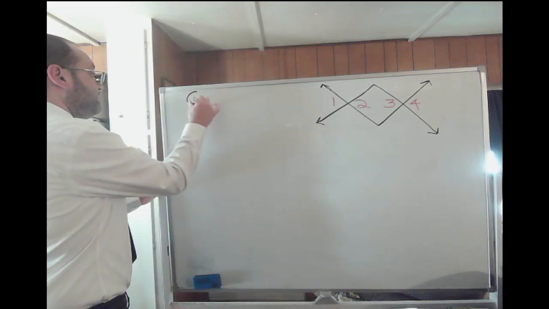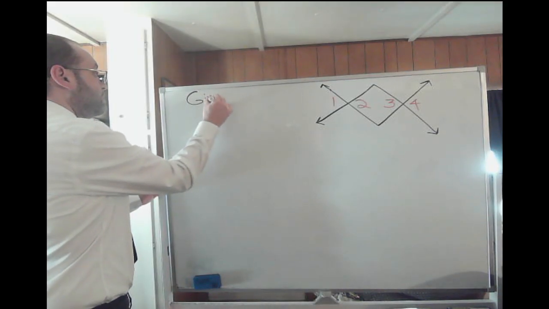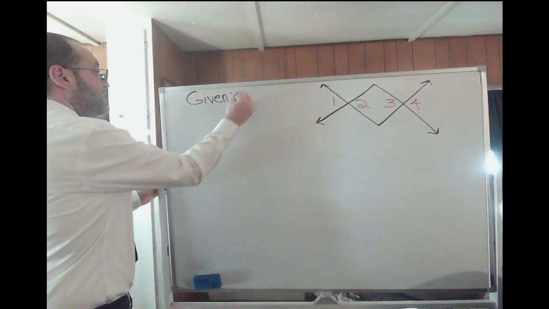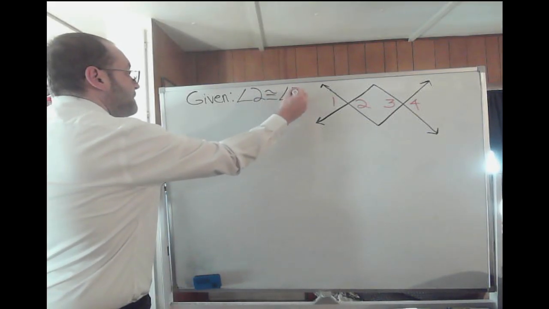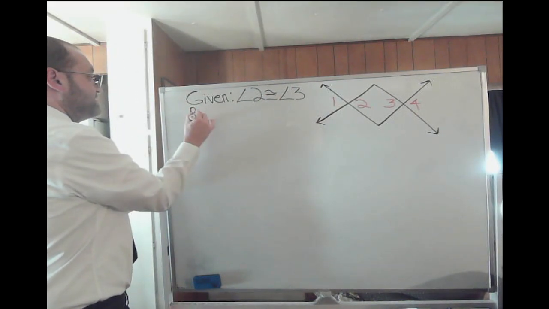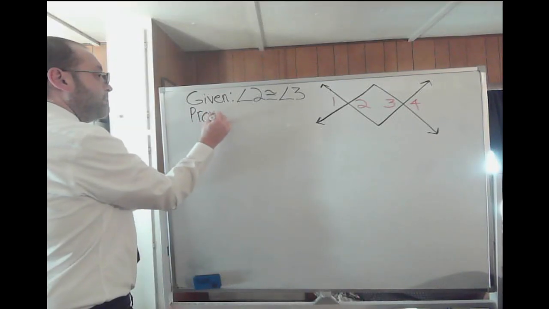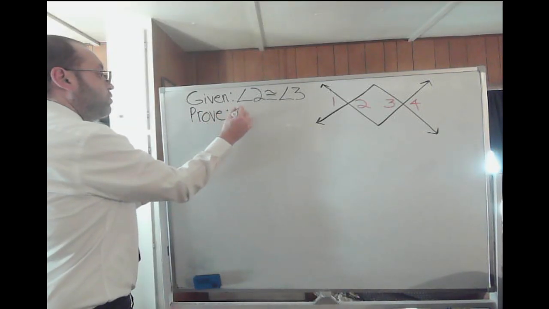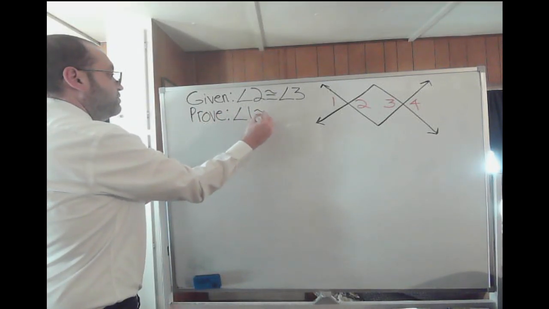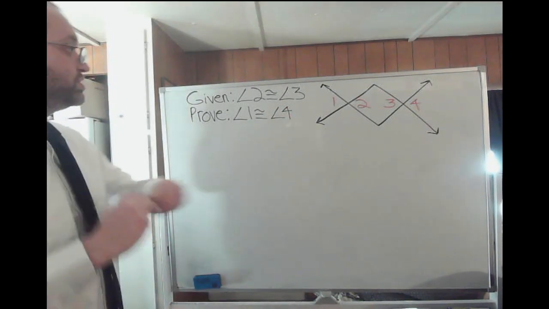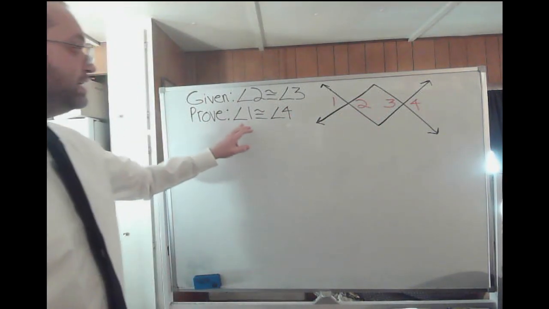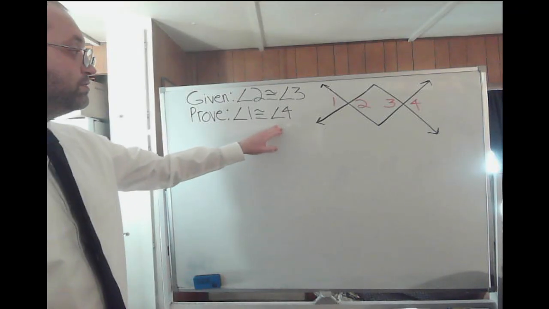What we've been given here is that angle 2 is congruent to angle 3. We are being asked to prove that angle 1 is congruent to angle 4. So we were given that angle 2 is congruent to angle 3. We need to prove that angle 1 is congruent to angle 4.